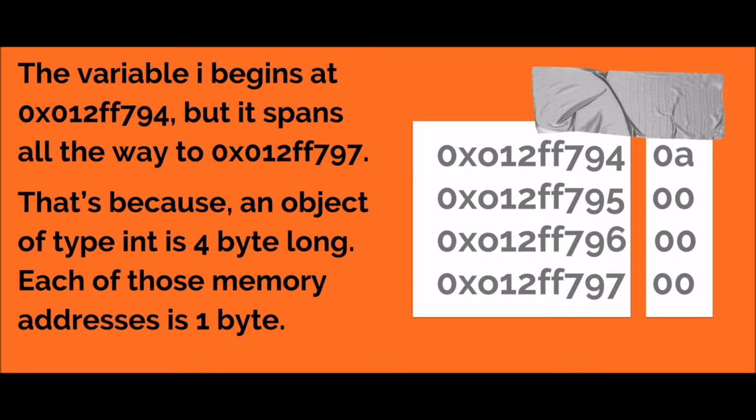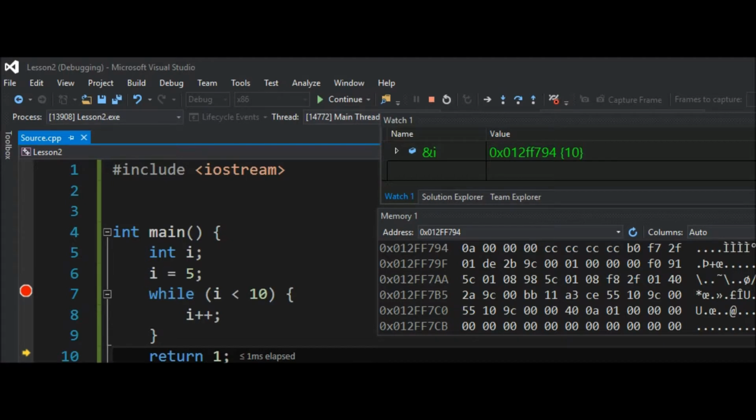So there's 1 byte at 012FF795, 1 byte at 012FF796, and another one at 97. That's because this is hexadecimal, and in hexadecimal the digits go from 0 to F, and in hexadecimal 10 is the letter A.